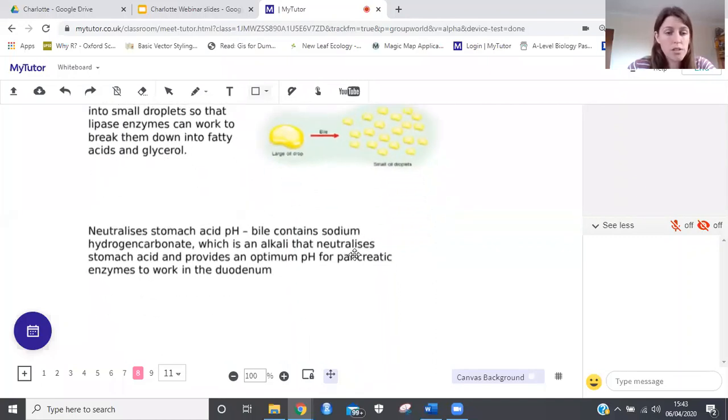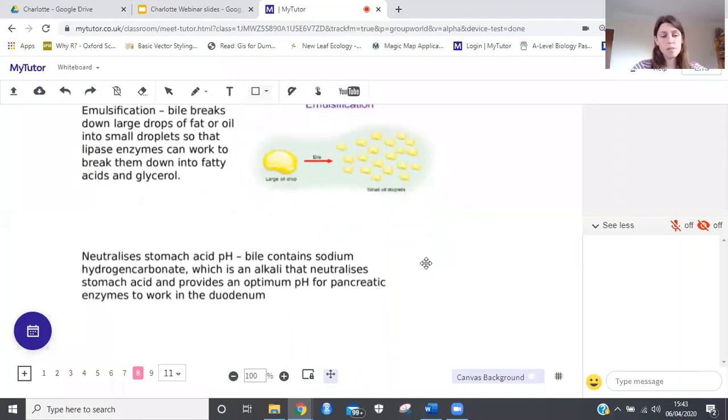The second function of bile is that it helps to neutralize stomach acid pH. Bile works in the small intestine, which is below our stomach. The food has already passed through our stomach and then heads on down, and the stomach is a very acidic environment.